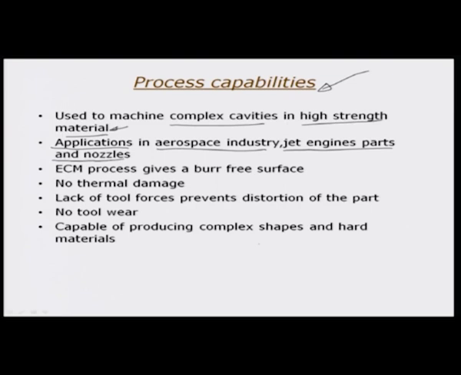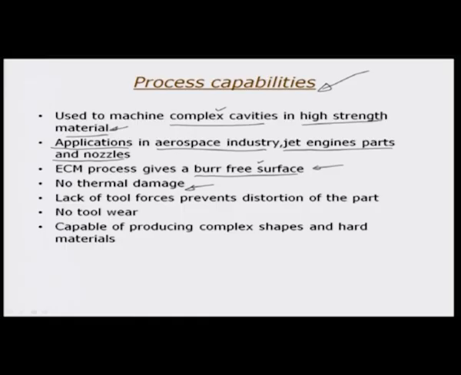And the process gives a burr free surface in all such applications. So, not only can it handle complex shapes and cavities, but it can do a good finish on the machining aspect. There is no thermal damage, which otherwise would happen if there is a metal to metal shearing action which would create such a shape or tool, as is done normally in CNC or other kinds of machines.